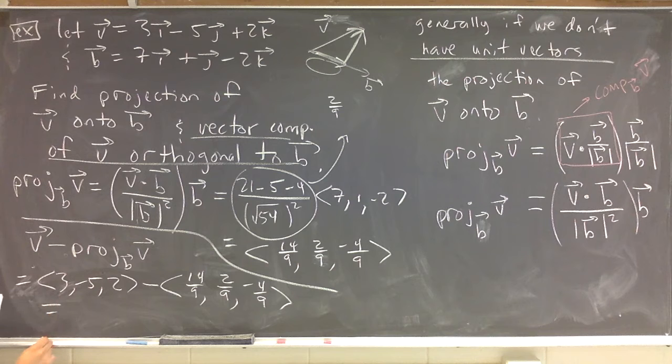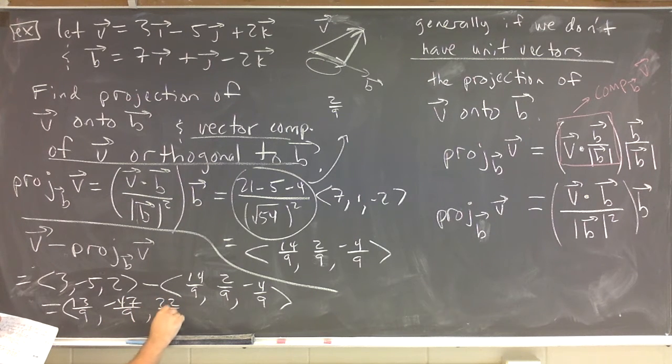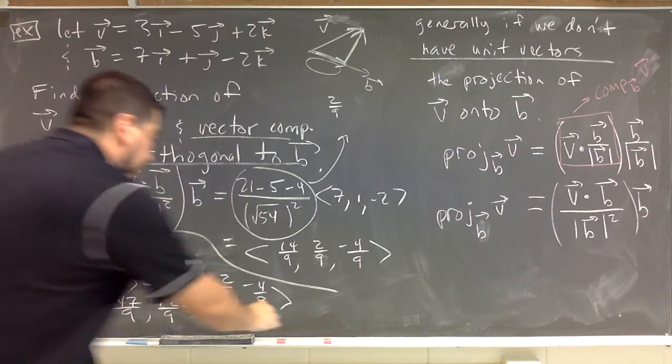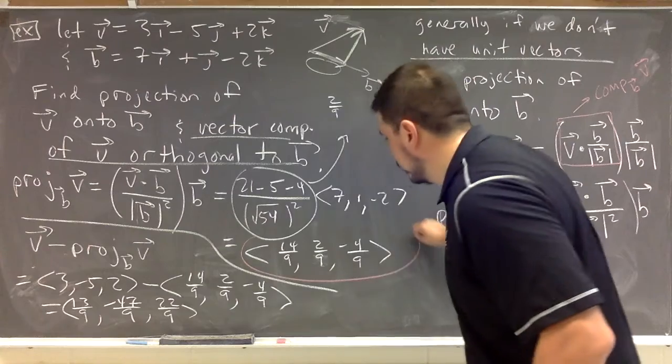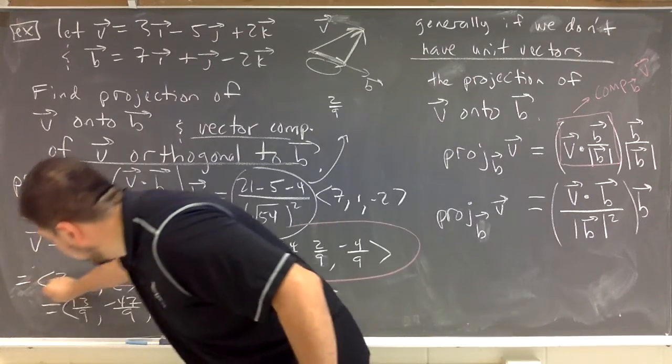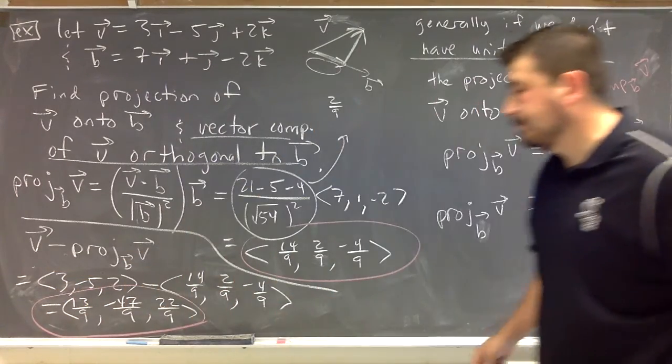And when you do that, you should get 27 minus 14, 13/9, and then negative 47/9, and 22/9. Okay? So, first answer, this is the projection, and this is the piece that's orthogonal to the projection. Okay?